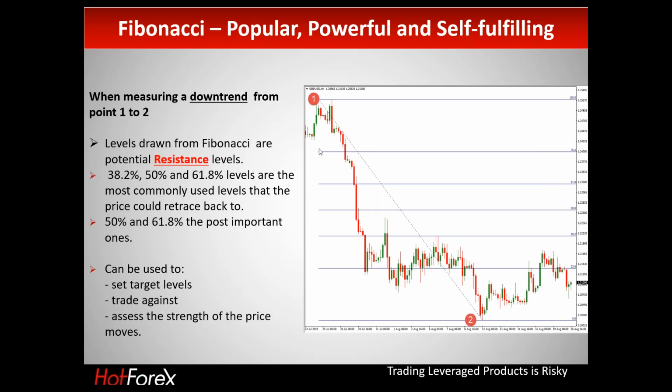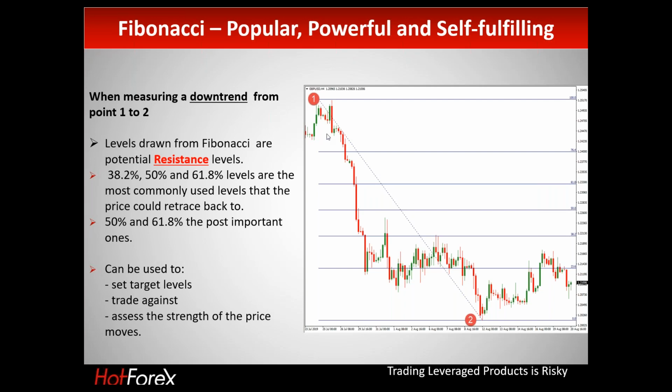Even though I think by mistake over here, did I use it correctly? Yeah, I did. Sorry. I did put it correctly. So since it's a downtrend, you will use your Fibonacci from the top to the bottom.